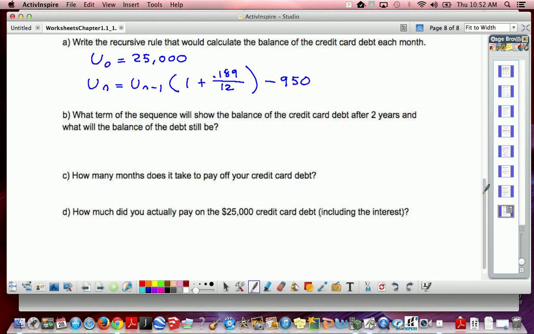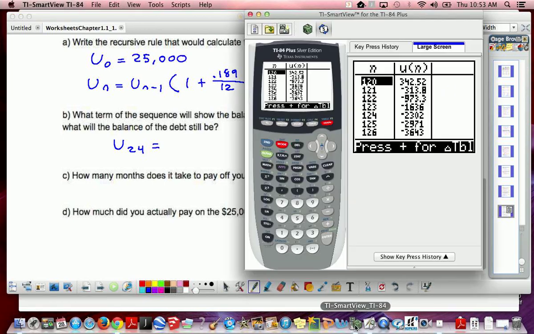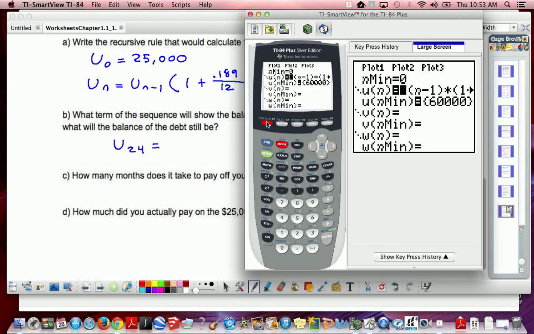So now, again, the question is asking for after 2 years. So remember, 2 years is 24 months, since we're talking monthly. So I got to go to my calculator, go to my y equals, change my formula here.